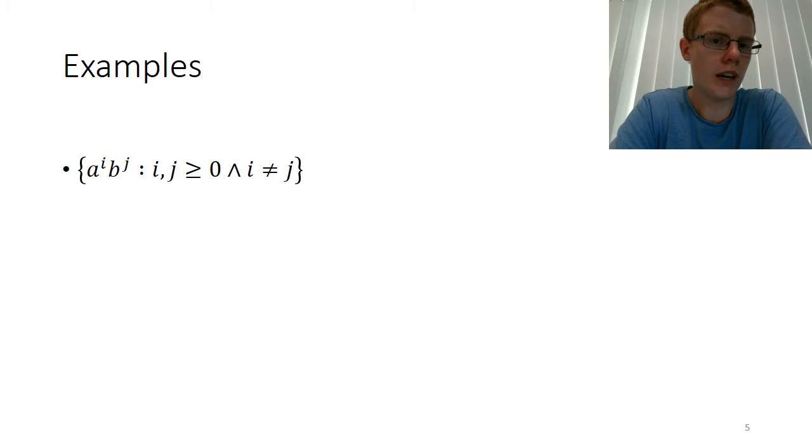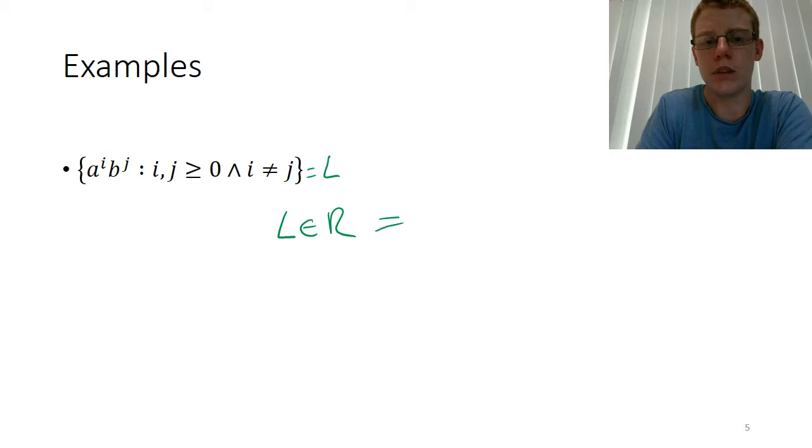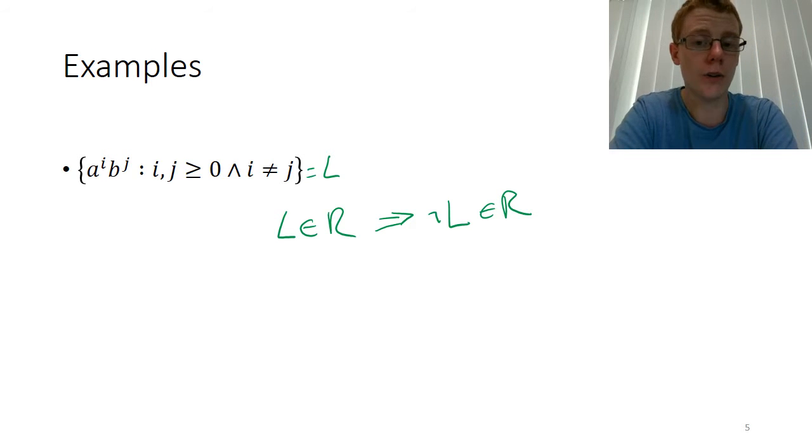So whenever we have a language that's regular, so if this is our language L, L being regular implies that the negation of L is regular because the regular languages are closed under negation. So what we'll do is we'll find the negation of this and we'll prove that that's not regular, which means that the original language can't have been regular either. Under the same principle that we were talking about before, we've built up a proof by contradiction.